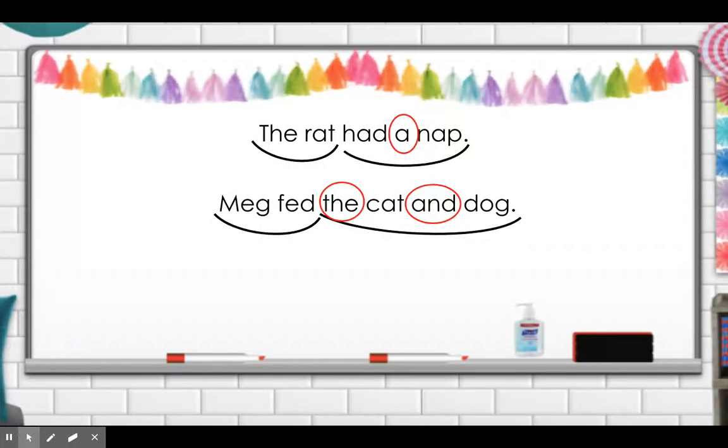Okay, we're going to do one more sentence. I'm going to practice one more. Ready? Deb met Tim and Tom. If you need to, play it back. Does your sentence look like mine?